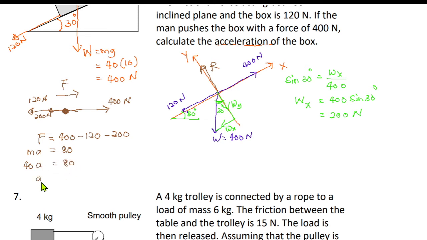So my acceleration is 80 divided by 40. So you will end up with 2 meters per second squared. So that is the acceleration of the box moving upward.